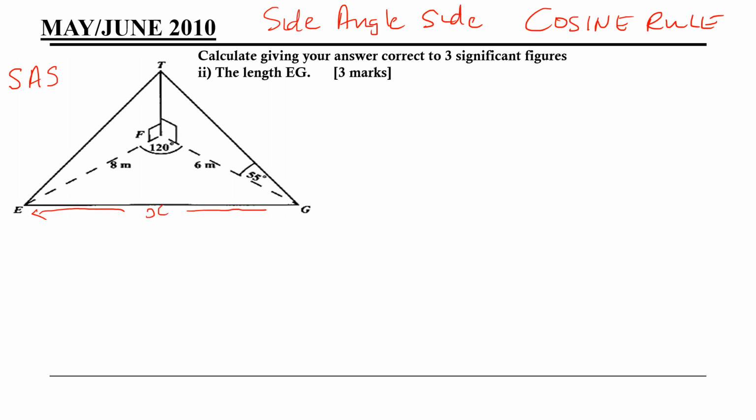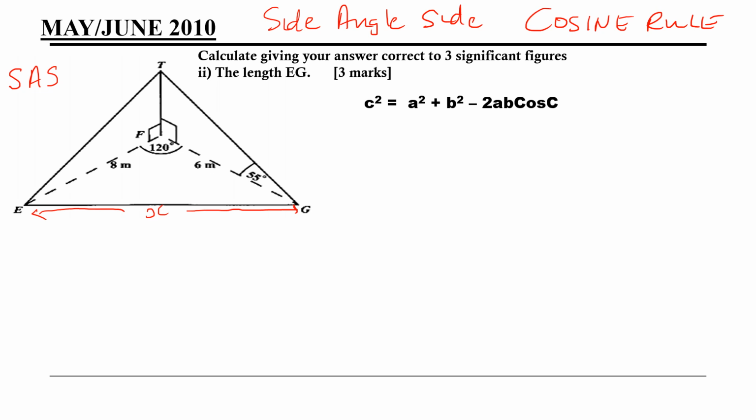The cosine rule states c squared equals a squared plus b squared minus 2ab cos C. So the lengths and the angle. We're going to write it out.